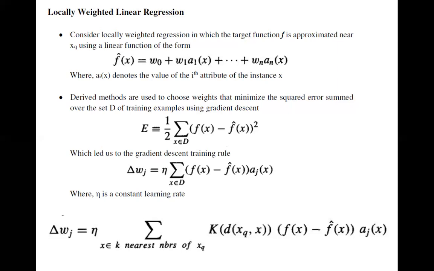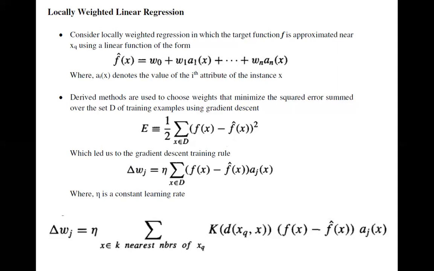This is a regression problem, we are generating a continuous target valued function. For approximation, the change in weight is done like this, particularly with respect to the nearest neighbors of the query point. So this is about locally weighted regression.